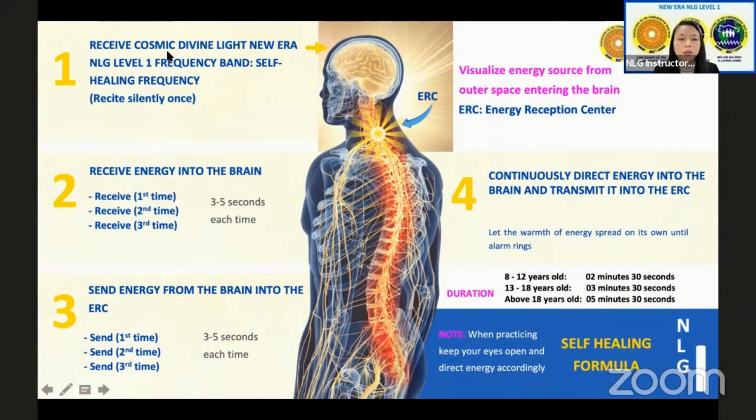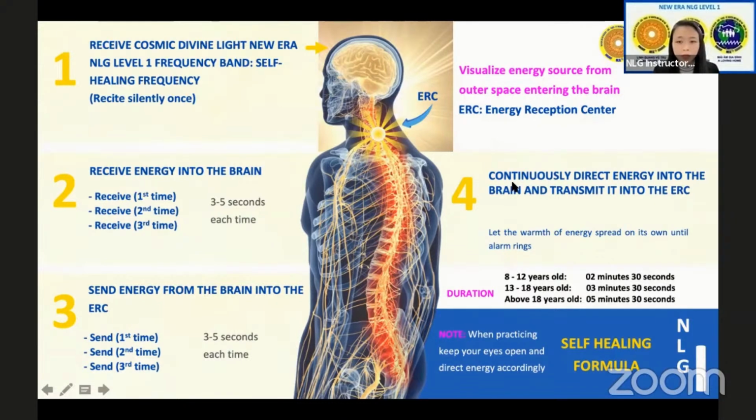Receive first time, receive second time, receive third time. Of course, you need to have a 3 to 5 seconds delay in between. And then you send energy from the brain into the ERC. You send first time, wait for 3 to 5 seconds, send second time, wait for 3 to 5 seconds, send third time.